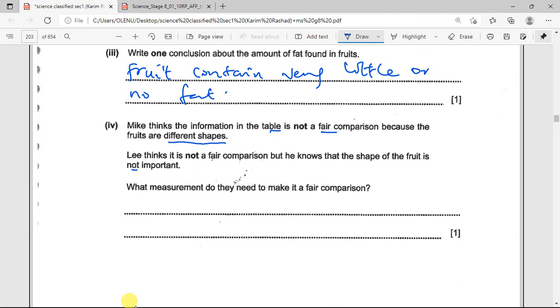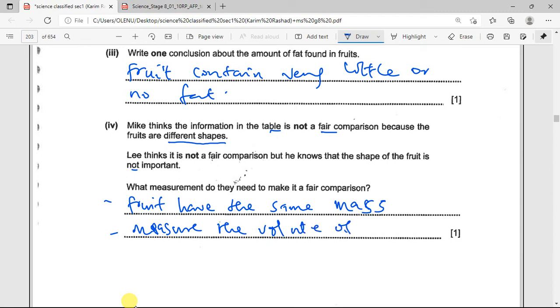Make sure that the fruits have the same mass, or they should measure the volume of the fruit.